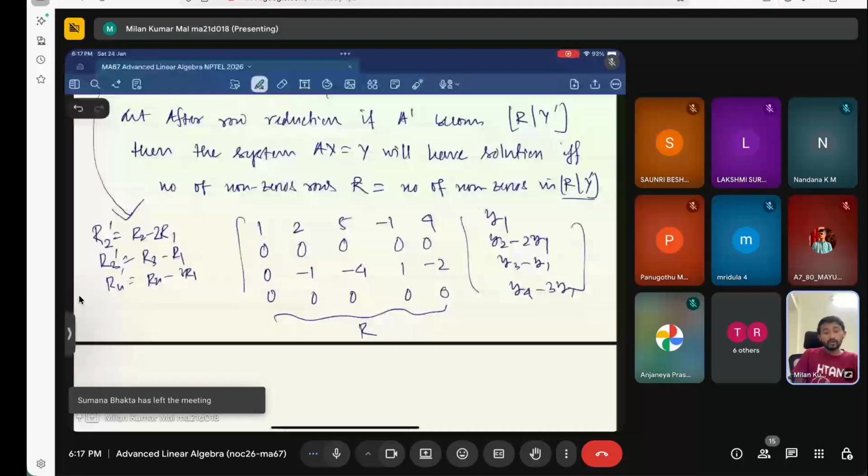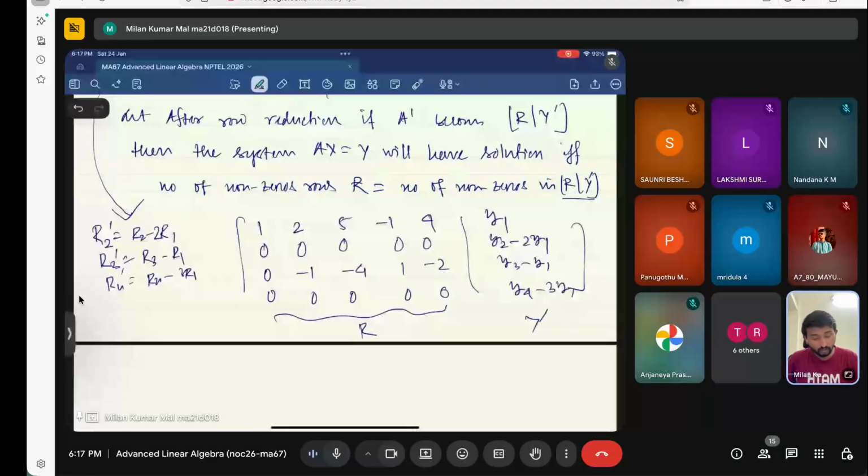Now, what is the number of non-zero rows in R? There are two non-zero rows, 1 and 2, right?